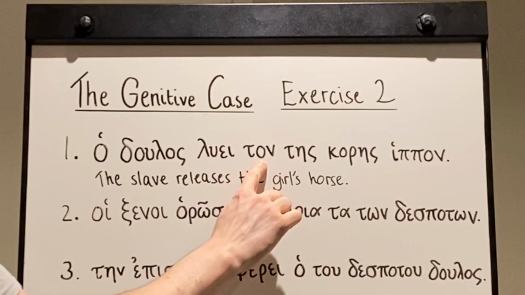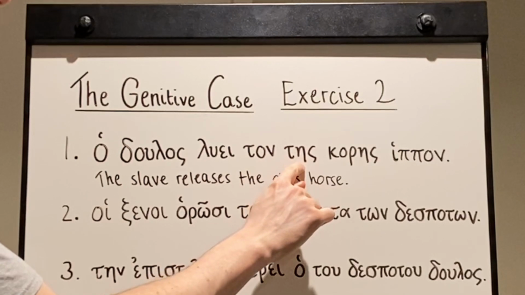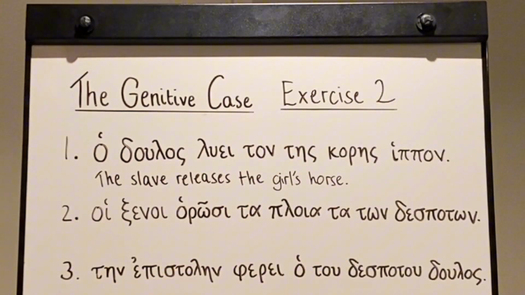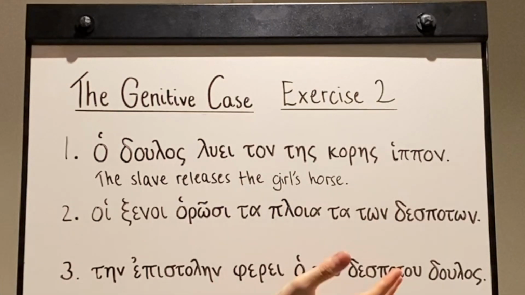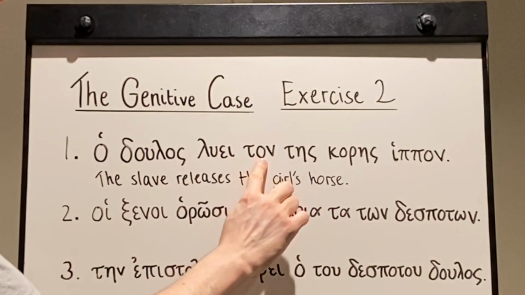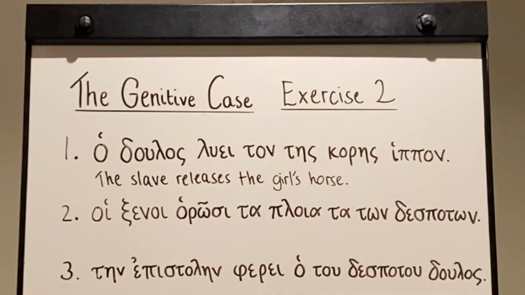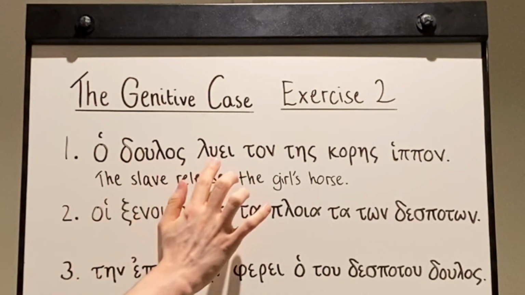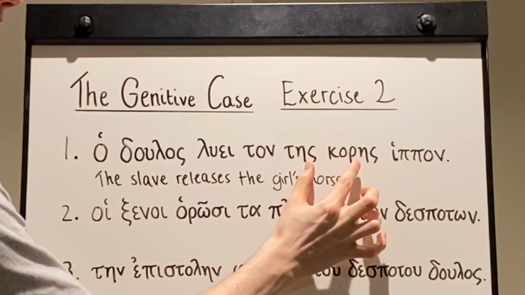We know that this definite article is masculine accusative singular, and this one is feminine genitive singular. And so we know, because of the lack of a repeated definite article, that we're dealing with a genitive sandwich here. And so tēn must be going with hippon, and tēs korēs is a genitive phrase that has been sandwiched in the middle. And so we know that this means the slave releases the horse of the girl.